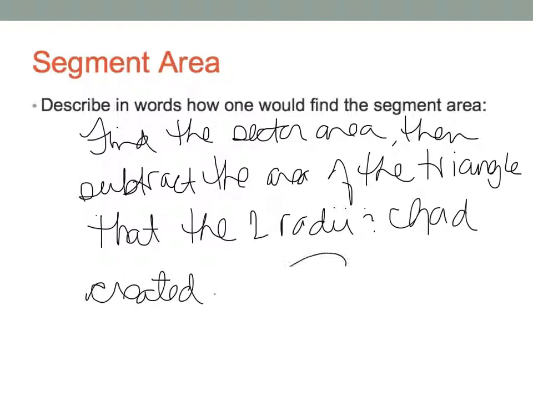In other words, we have a circle, we have our sector, and a triangle, and the segment area is this space here. We would find the sector area, we would find the area of that triangle, subtract it, and we'd be left with the segment area. That's the new concept of this section.